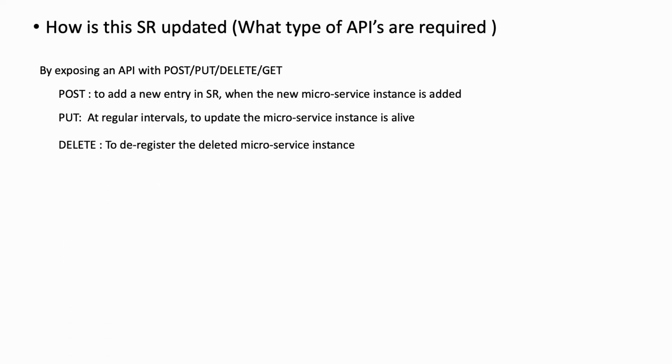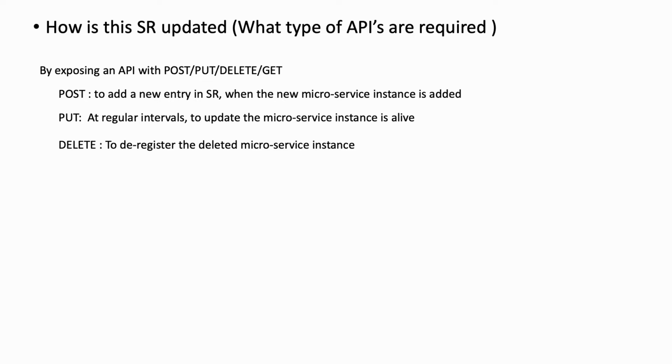Similarly, to deregister the existing microservice instance entry from the service registry, we need to have a DELETE API. These three APIs are for maintaining the entries within the service registry.